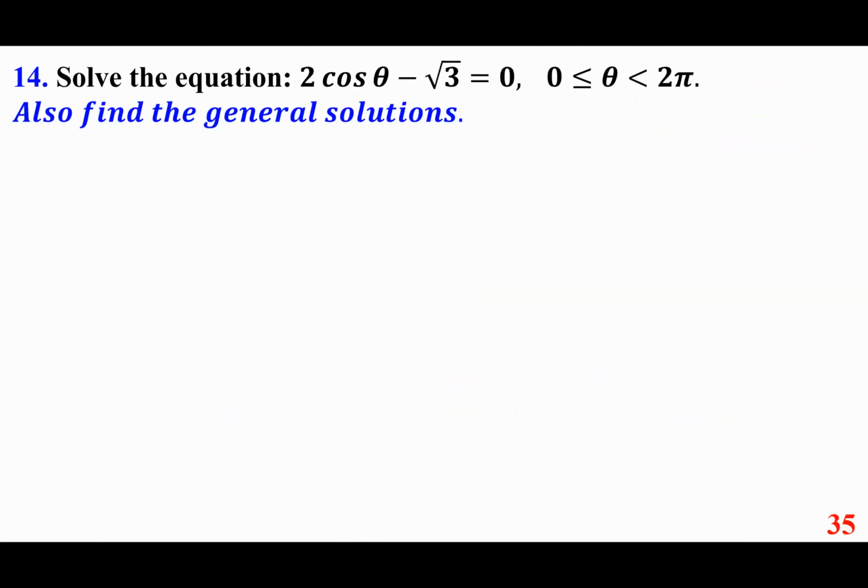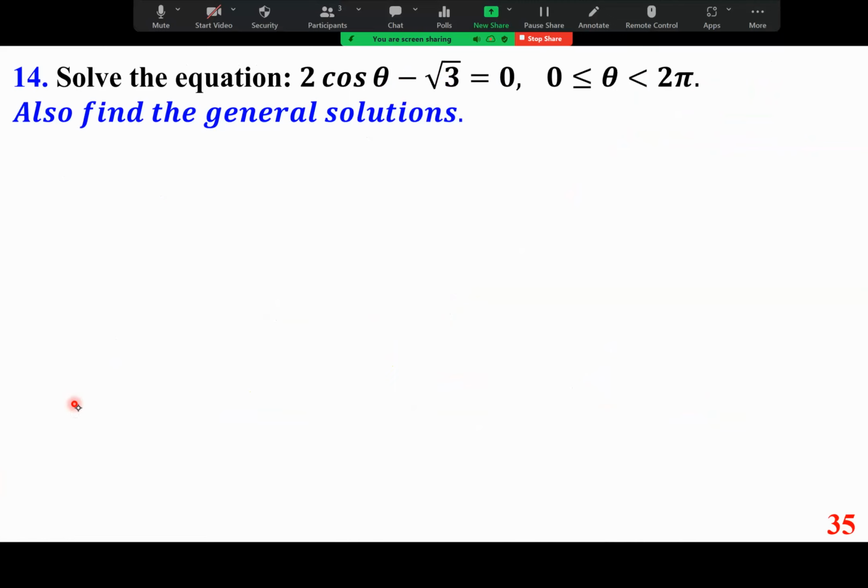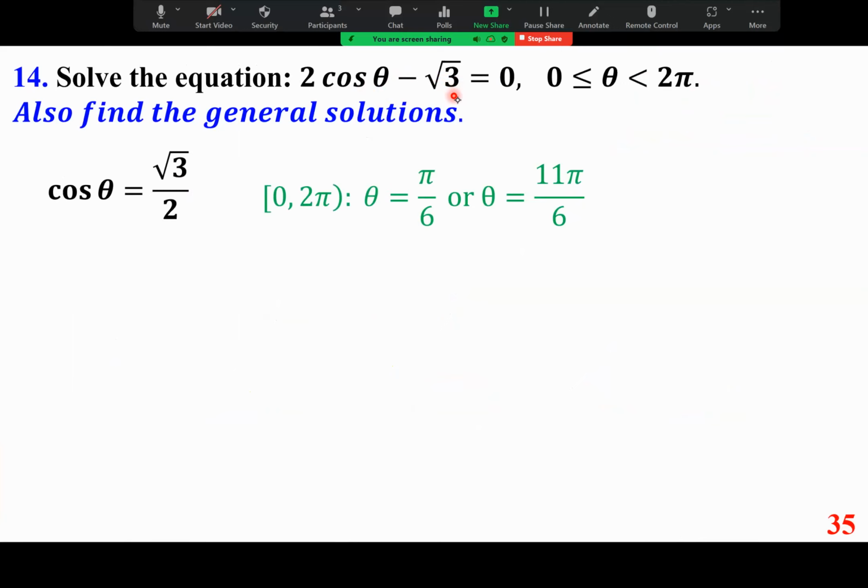Two cosine theta minus square root of 3 equal to 0. And we want answers from 0 to 2 pi. It's very straightforward. So 2 cosine theta is square root of 3. Cosine theta is square root of 3 over 2. And between 0 and 2 pi, it's pi over 6 or 11 pi over 6. I hope you know why. When it's square root of 3 over 2, the answer is pi over 6 in the first quadrant.